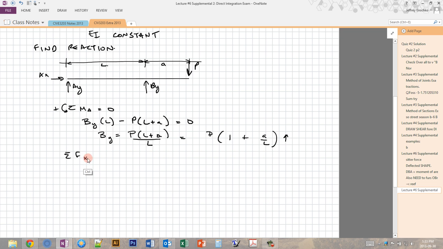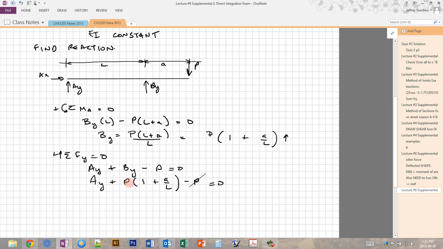Sum of forces in the Y equals 0. So we have AY plus BY minus P equals 0. So then we sub in what we had for BY, which is P times 1 plus A over L minus P equals 0.